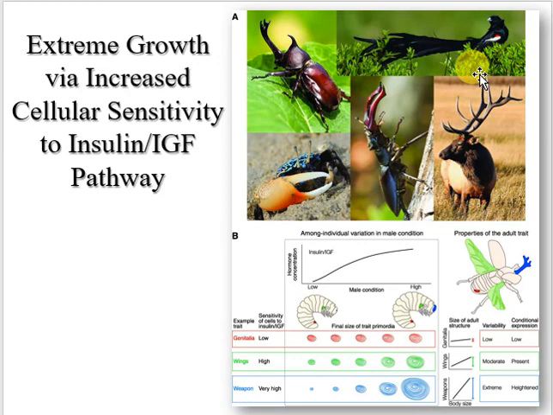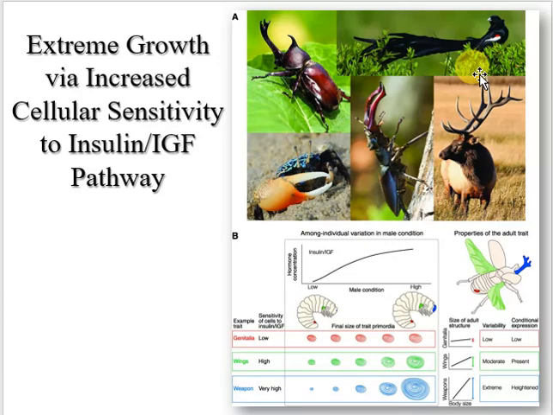The proposed mechanism is that there's increased cellular sensitivity to signals for growth and production via the insulin-like growth factor pathway, so the insulin/IGF pathway.